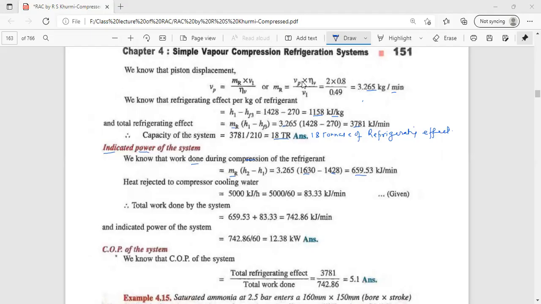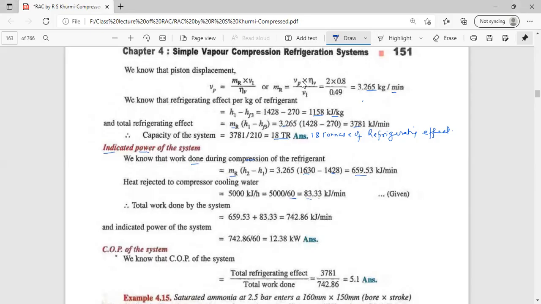Putting in the respective values, we got the work done during compression as 359.53 kilojoule per kg. Now, heat rejected to the compressor cooling water is 5,000. If we convert it into heat rejected per minute, we have to divide it by 60, which becomes 83.33 kilojoule per minute.